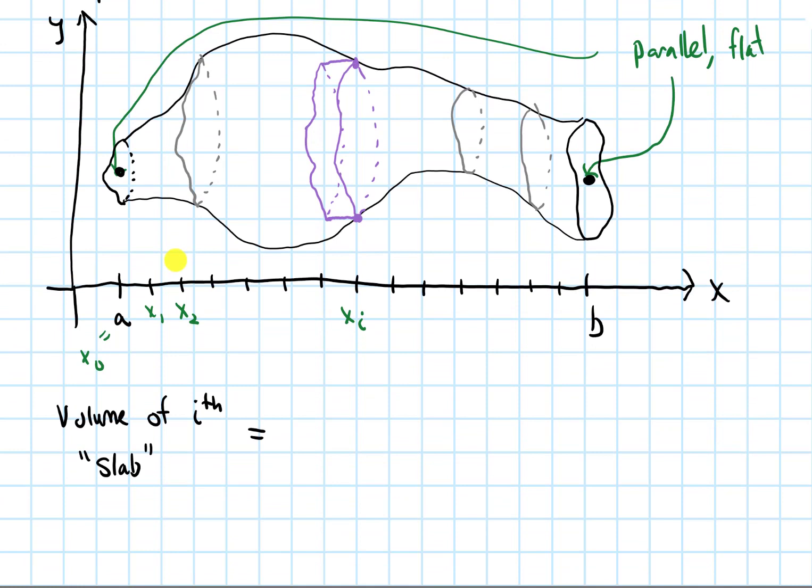So that volume would just be the area of the cross section times this height. And this height is kind of sideways. The height is going in the x direction, and it's really small, so I'm going to call that delta x. So it's area of the cross section times delta x.